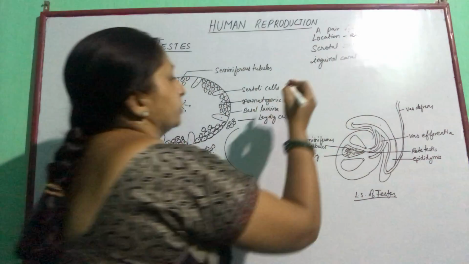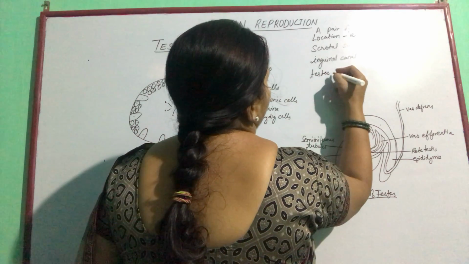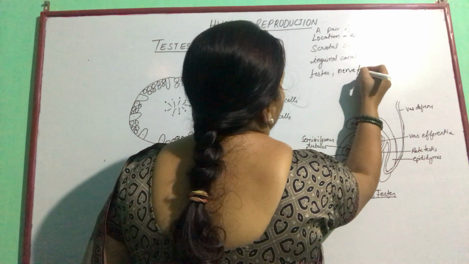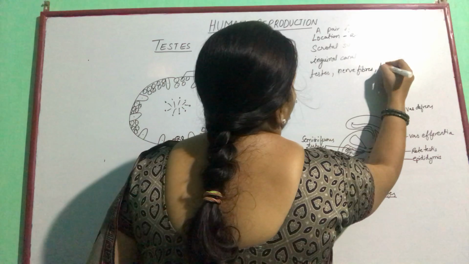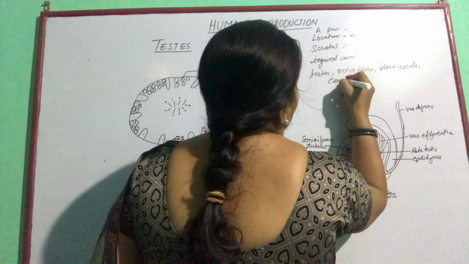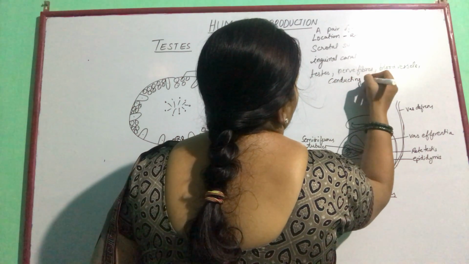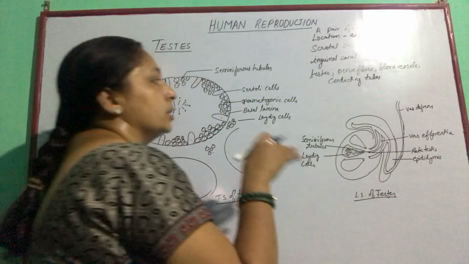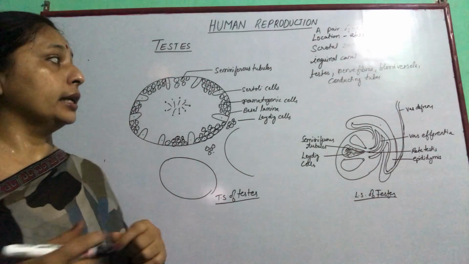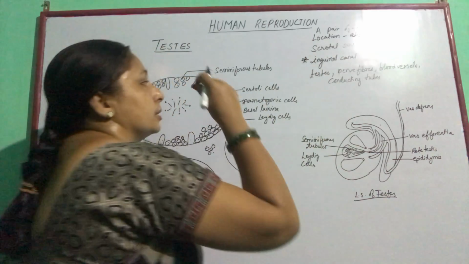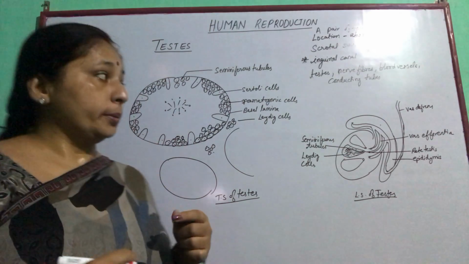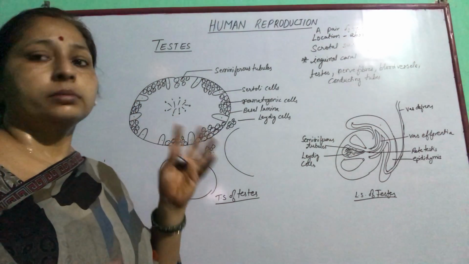All together, the testis along with the nerve fibers, blood vessels, and conducting tubes descend downwards into the scrotal sac, and with the help of the inguinal canal, through which it has descended, it is in continuity with the abdominal cavity. So this is about the external structure.